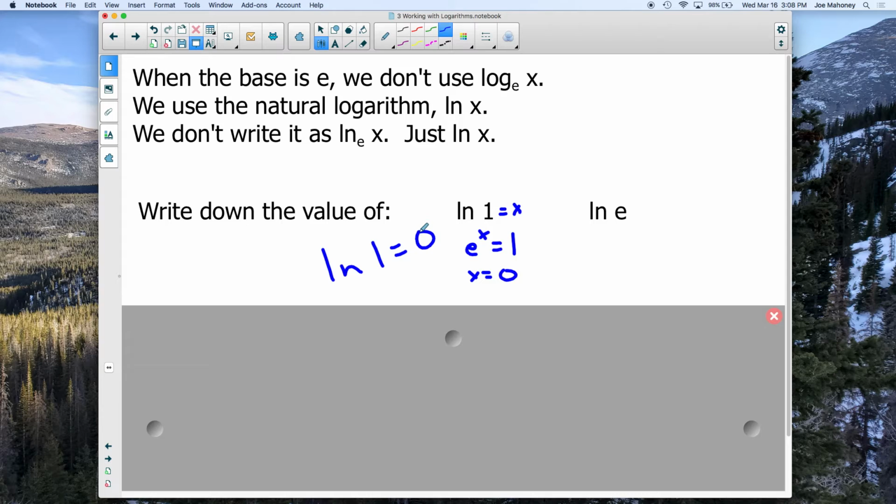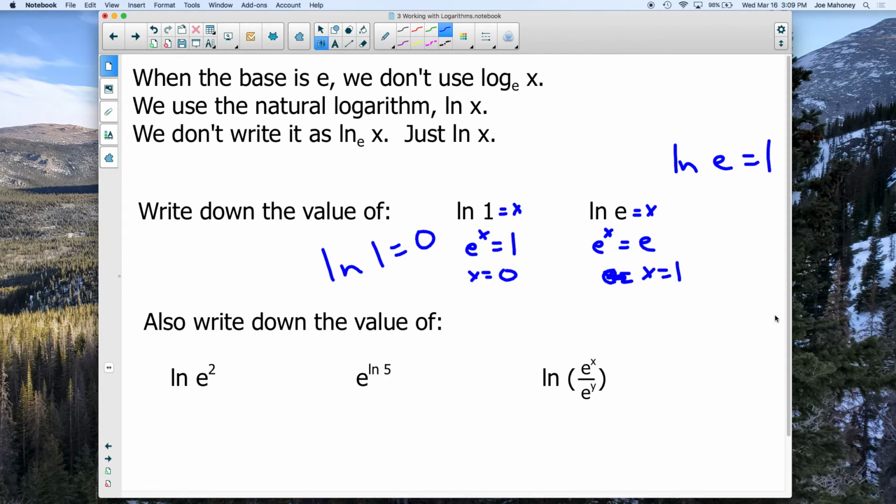When x is equal to 1, y is 0. Maybe that ties it in a little bit. And how about then the natural log of e? If you want to think of this in exponential form, call that x. So then e to the x has to equal e. So x has to equal 1. So ln of e is just 1.